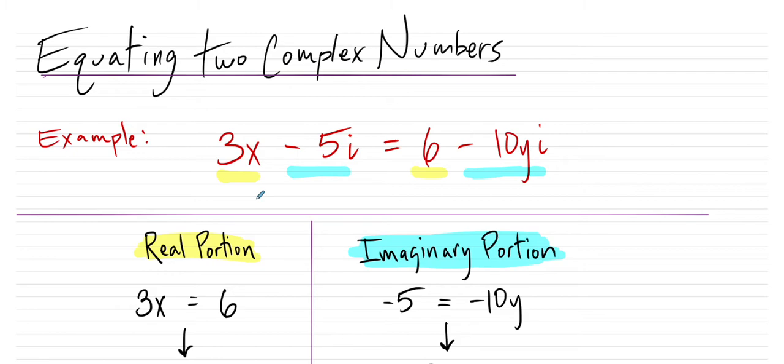If 2 complex numbers are equal, the only way they're equal is if both portions are identical. So on this one, I have it split up as the real portions are equal and the imaginary portions are equal.